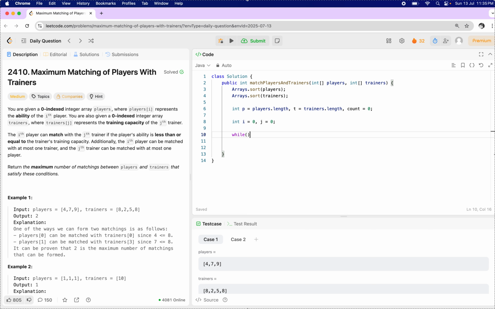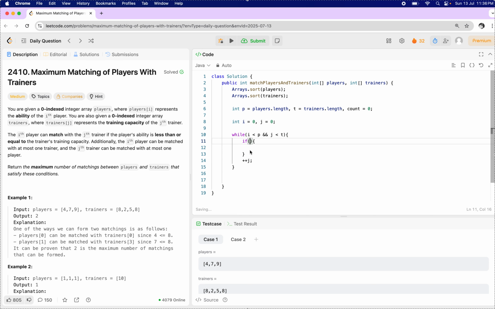Now our logic is: while i is less than P and j is less than T, because the trainer's length is there, we will keep on incrementing through the trainer's capacity, which is traversed by this j counter.